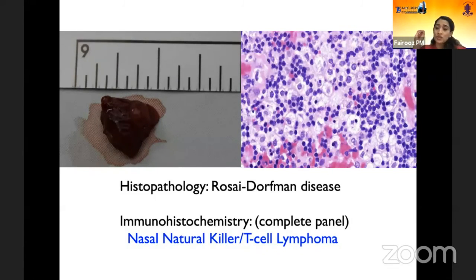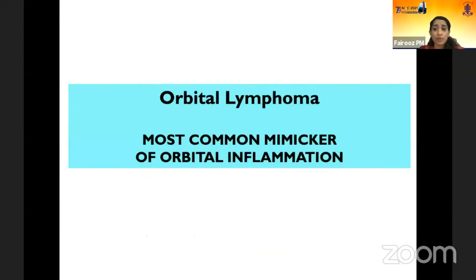The polyp sitting in her sinus was again excised to confirm that it was also a component of the natural killer T cell lymphoma, and it proved to be the same. Unfortunately, she succumbed to the disease despite chemotherapy, where there was systemic involvement. So orbital lymphoma, a message after these three cases, is the most common mimicker of orbital inflammation.